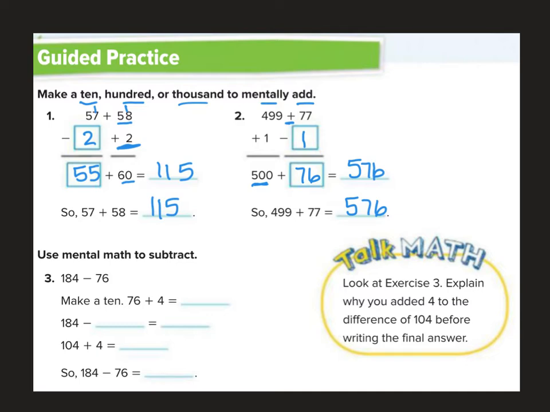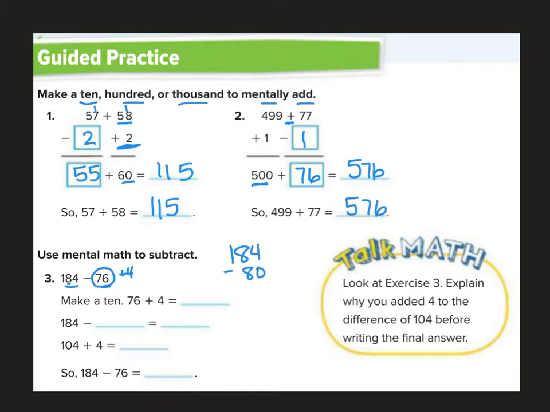All right, now we get to do that tricky one. This is tricky, you guys. So if you don't get it, we'll keep practicing it, okay? So 184 minus 76. I'm going to make this an 80. So I'm going to add 4 to it. 76 plus 4 is 80. Now I'm going to take 184 minus 80.